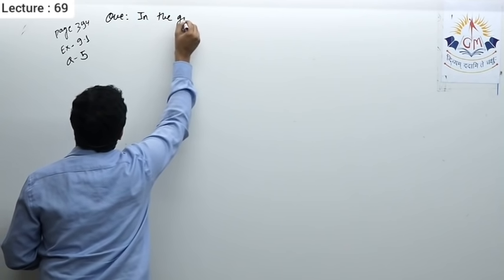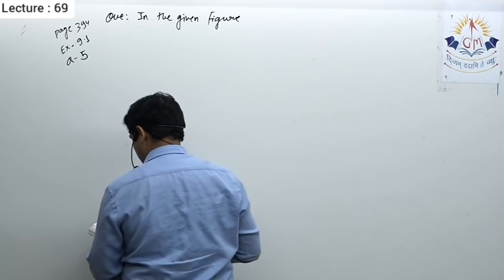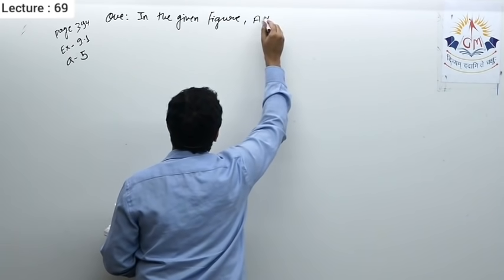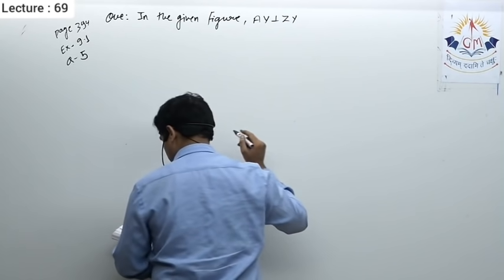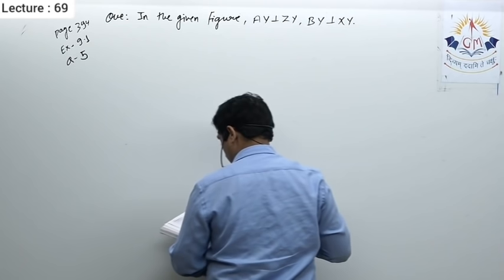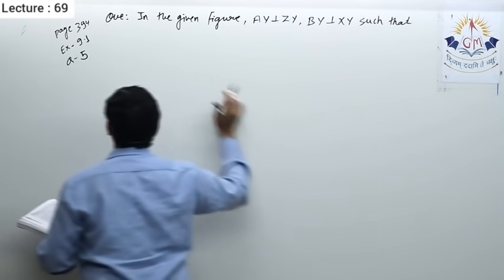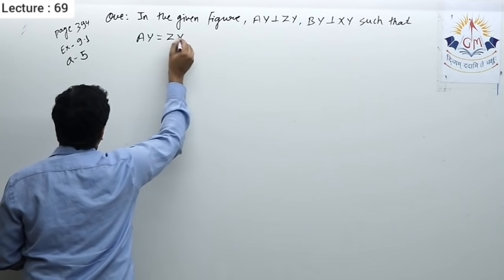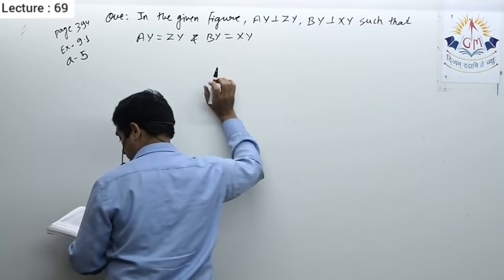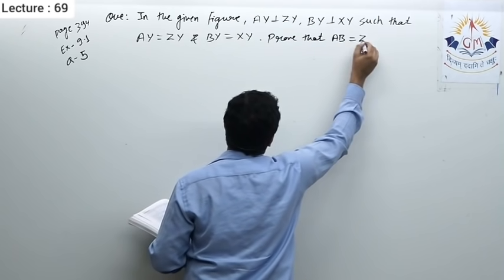In the given figure, AY is perpendicular to ZY, BY is perpendicular to XY, such that AY is equal to ZY and BY is equal to XY. Prove that AB is equal to ZX.